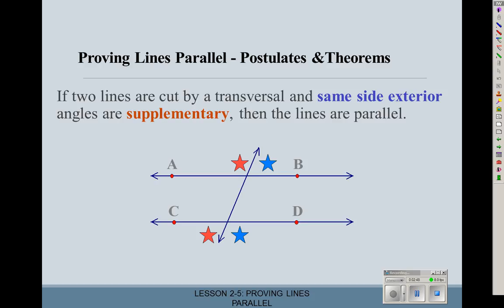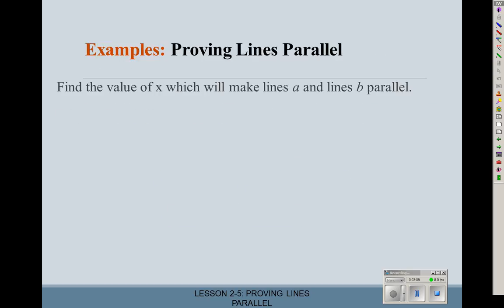So all of those rules are true. Just make sure that you know when the lines are parallel based on whether the pair is congruent or if it's supplementary. Make sure you know which ones need to be congruent and which ones need to be supplementary. Now the good thing about this is these equations get worked out the same way we did before.